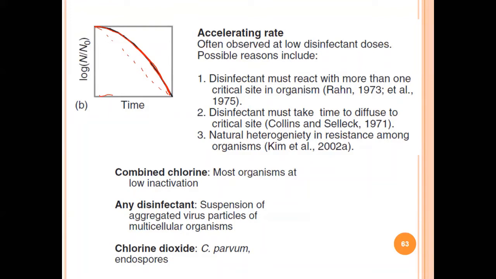It is because of different reasons. The disinfectant reacts with more than one critical site in the microorganism, so it attacks more than one site. And the disinfectant takes some time to diffuse to the critical sites. So initially you don't see any change in disinfection, but as time goes by, you see an accelerated rate.